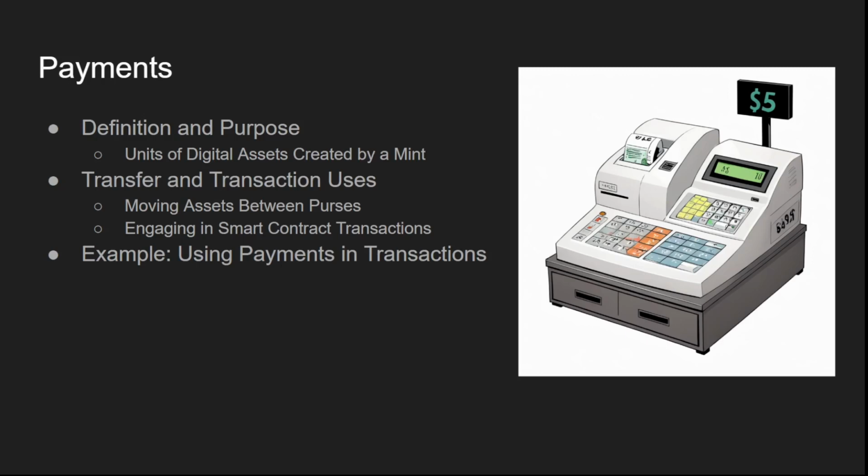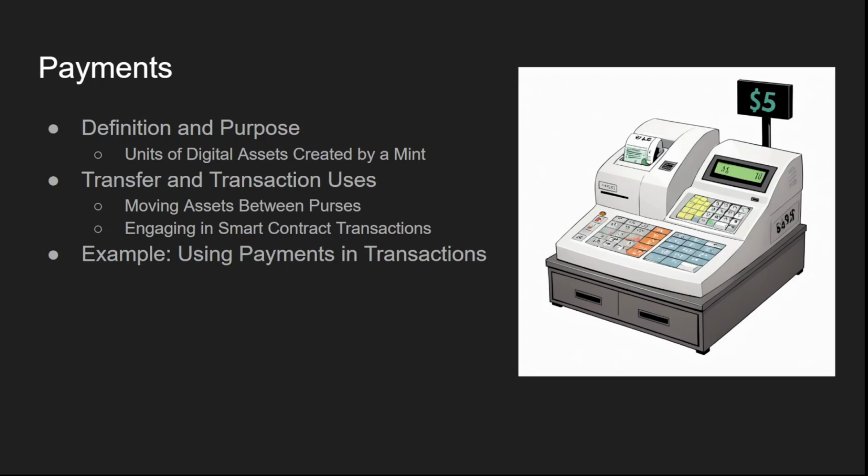The contract verifies the payment and transfers ownership of the digital artwork to you. The payment is then deposited into the seller's purse, and your purse balance decreases by 25 USD coins, leaving you with 75 USD coins. This example demonstrates how payments facilitate transactions by transferring specific amounts of digital assets securely and efficiently.